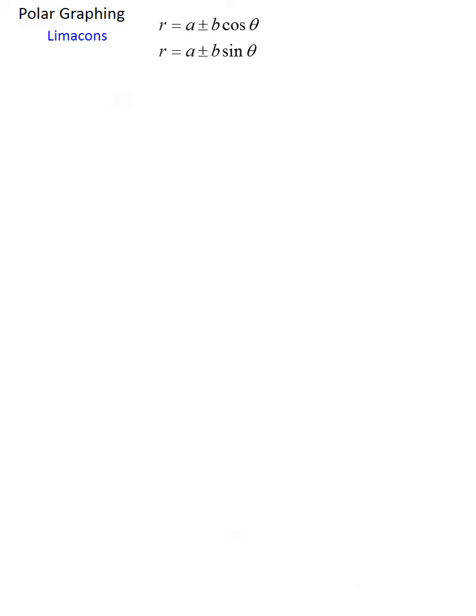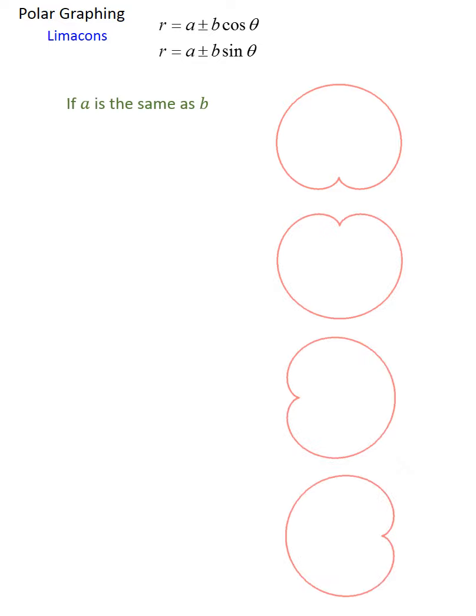What about when A and B are the same? Well, when A and B are the same, we get a cardioid-shaped limacon. Again, the little pointy part of the heart could be on the bottom, the top, the left, or the right. And that depends on the equation, of course, and whether we have sine or cosine. Now, here notice I used the same letter twice.